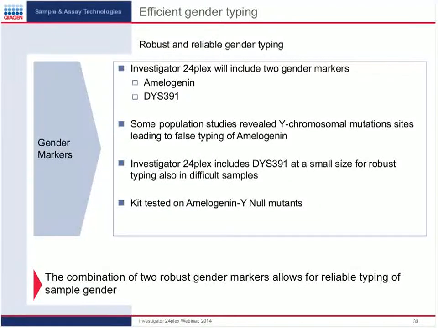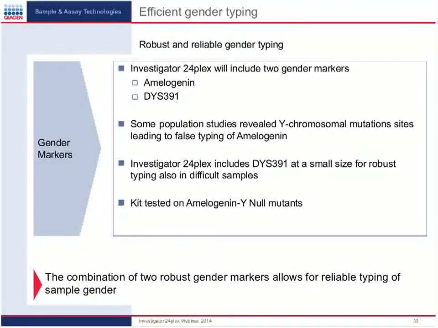This leads to drop down or drop out of the peaks. Luckily, the QIAGEN kit was not yet affected by this kind of mutation, but there are other known mutations where the whole amelogenin gene is deleted, and also the neighboring genes are deleted.